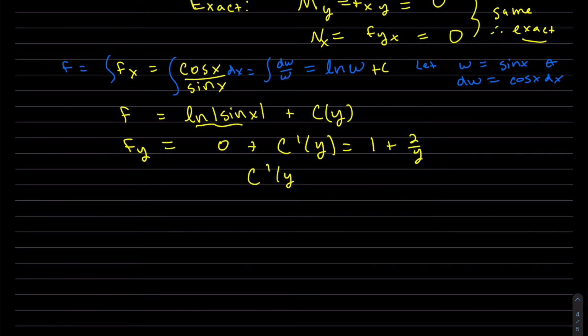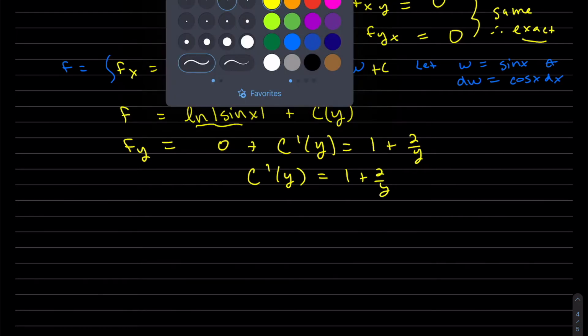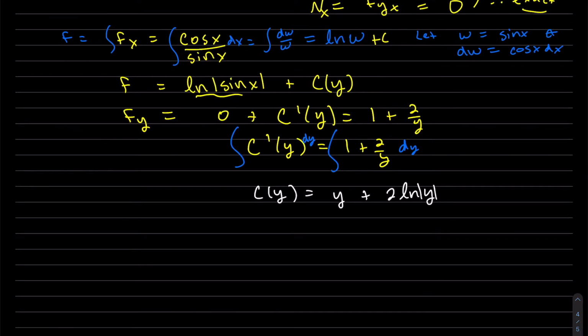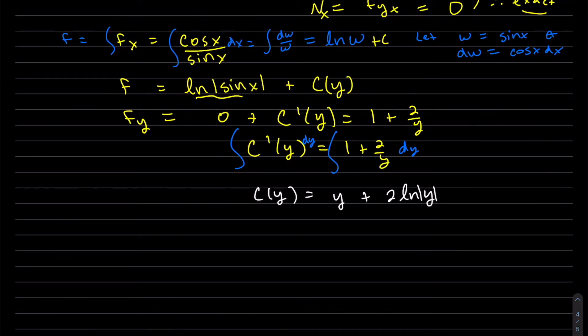So c prime of y is equal to 1 plus 2 over y. So now we're going to integrate dy. And so here's our function f of xy.